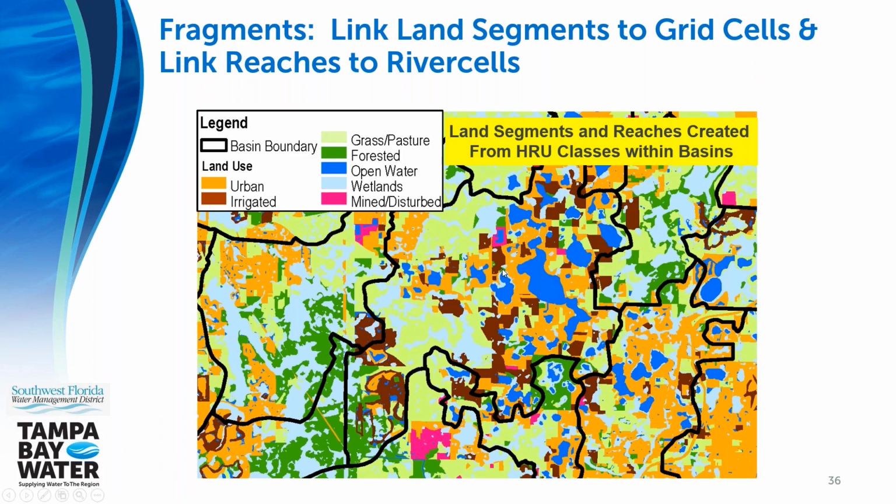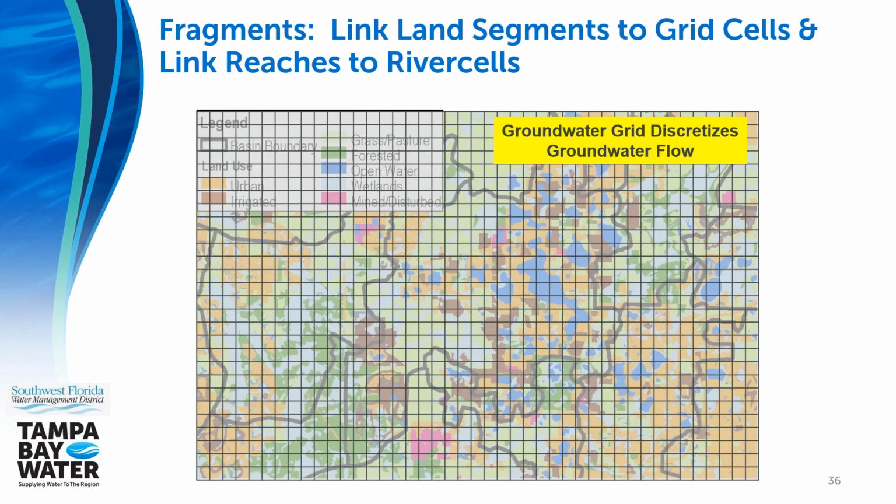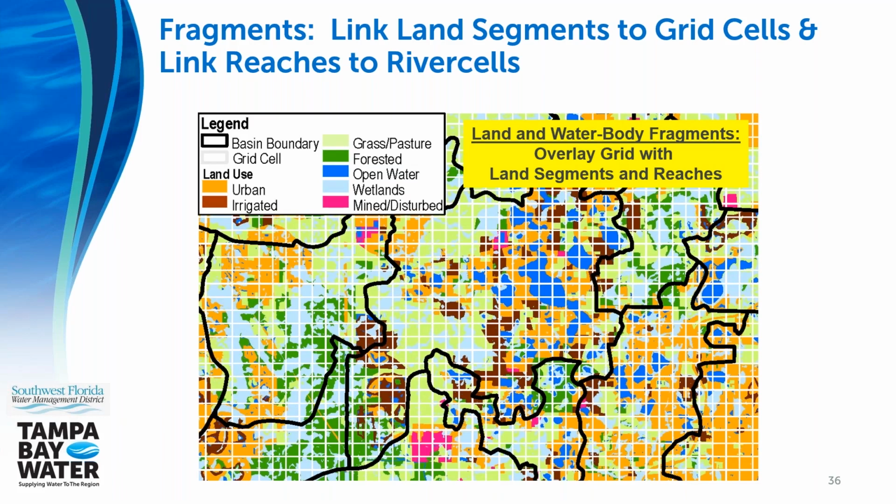Notice that they're irregularly shaped polygons. We overlay, for example, the grid from MODFLOW. We see that we have these disparate discretization schemes. When we overlay them together, we find that this is where the fragments come in. So this orange area represents one fragment of the urban land use that's linked to all of the other fragments that are part of the land segment of urban in this basin.